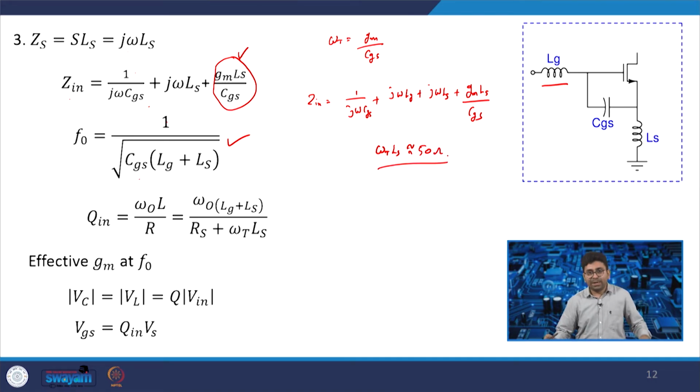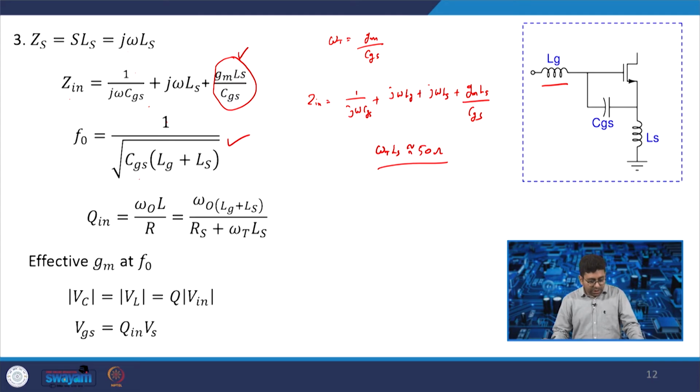So you can directly match the antenna, means antenna 50 ohm impedance or source impedance 50 ohm, without using a resistor. You only need to choose an Ls such that it will provide you omega t into Ls equal to 50 ohm.